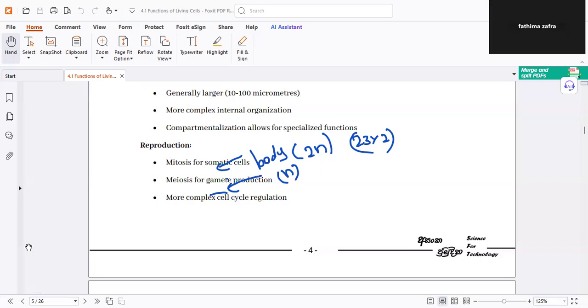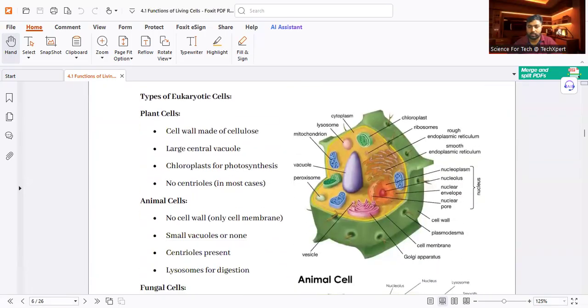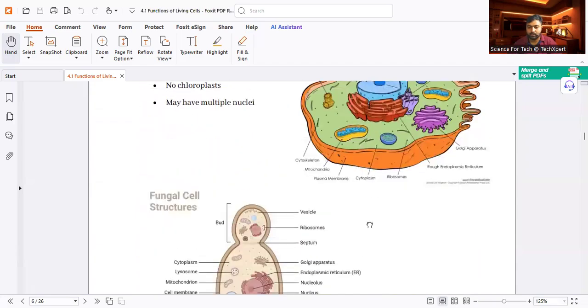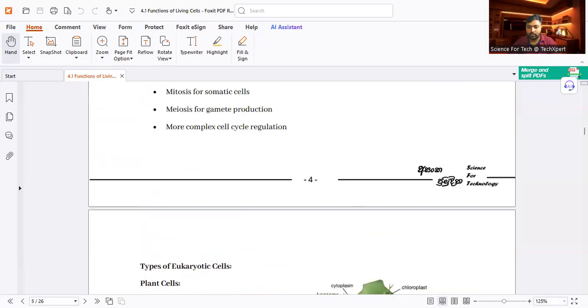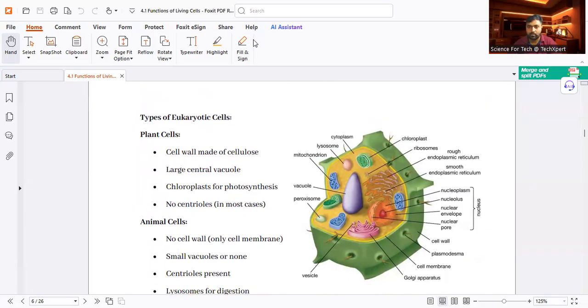Okay, sir. Okay. Then we have to talk about types of eukaryotic cells, and these are the typical cells. Then I will start from here the next day. And if I have any free time, I will let you know. Let's see whether we can do an additional class.